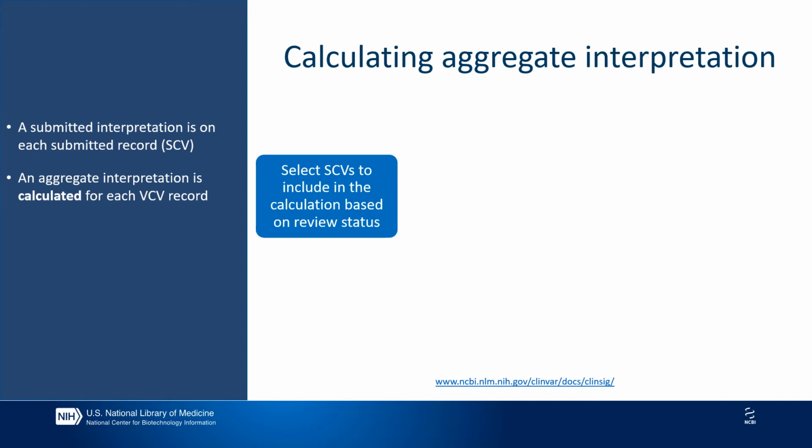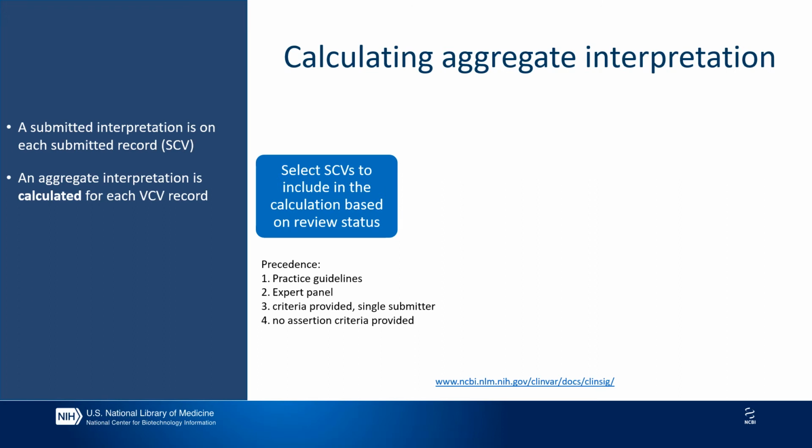So the way we do that is we select the SCVs or submitted records to include in this calculation, and we do that based on review status, what we just talked about. So there's an order of precedence that we use. If there is a record from a practice guideline, we use that interpretation for the aggregate value. If not, and there is a record from an expert panel, we use that interpretation.